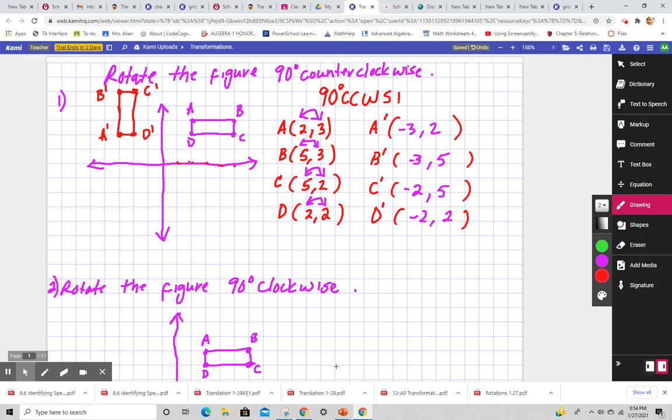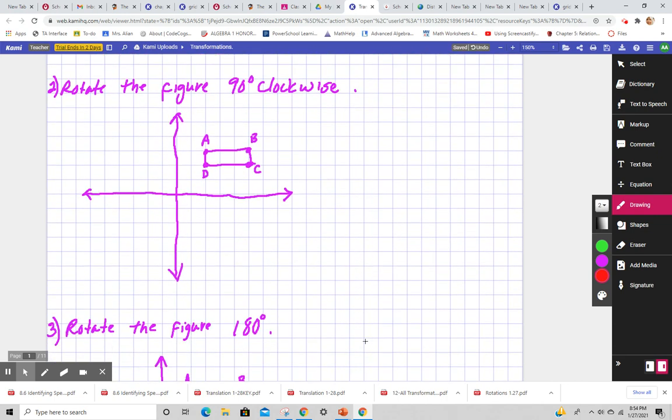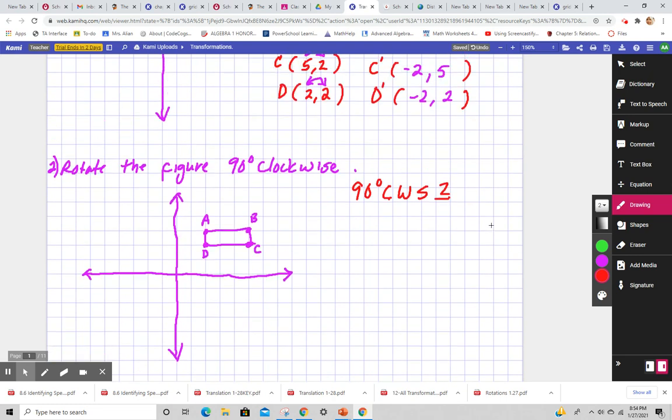All right, let's go to the next one. Rotate the figure 90 degrees clockwise. So start by writing the rule. 90 degrees clockwise, switch X and Y and change the sign of the second. Since there's 1 C, this should be 2. Okay, so we need the ordered pairs first.